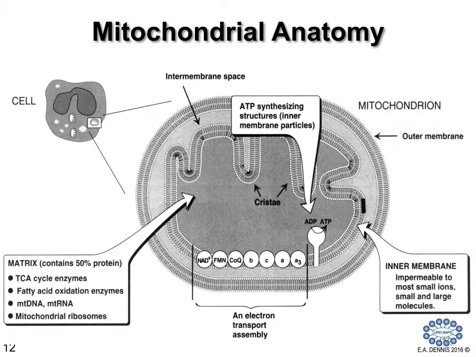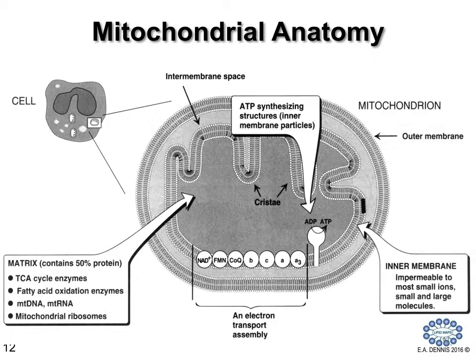With that as an introduction, let's look at the same features in terms of mitochondrial anatomy. Here is a mitochondria, and in the matrix or center of the mitochondria are the TCA cycle enzymes and the fatty acid oxidation enzymes. There's also specific mitochondrial DNA and mitochondrial RNA and mitochondrial ribosomes.